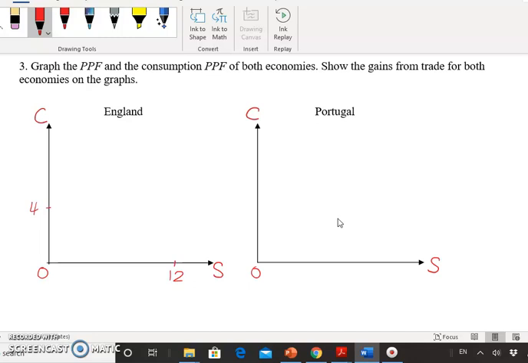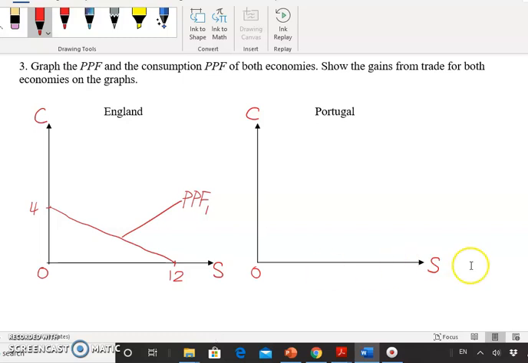What are we going to do in between? As I said, you can use a bowed out curve, or you can simply use a straight line. So that is England's PPF. Let's call it PPF 1, where 1 means pre-trade, before trade.